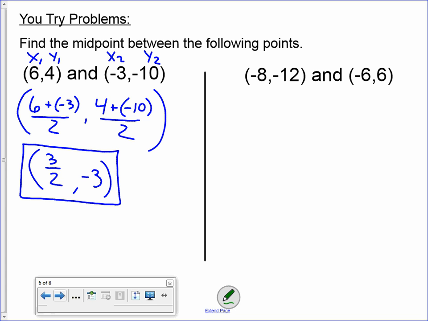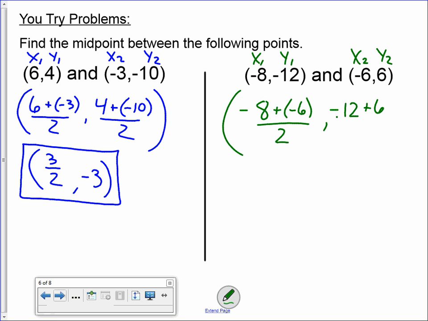In the second you-try problem, x1, y1, x2, y2. I'm going to have negative 8 plus a negative 6 divided by 2, and negative 12 plus 6 divided by 2. Here is my setup. Now let's solve.